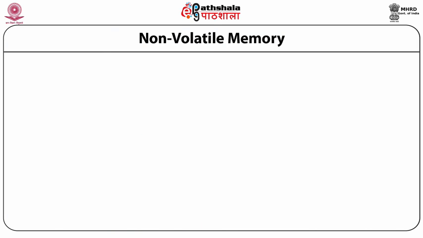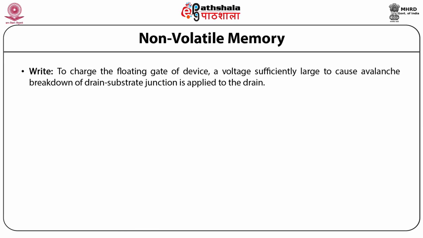Let us now discuss how this device writes. To charge the floating gate of the device, a voltage sufficiently large to cause the avalanche breakdown of the drain substrate junction is applied to the drain. So a large number of electron-hole pairs are generated in the junction depletion region by avalanche multiplication.